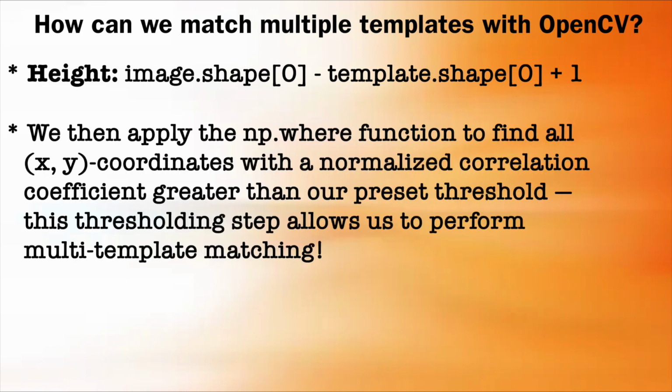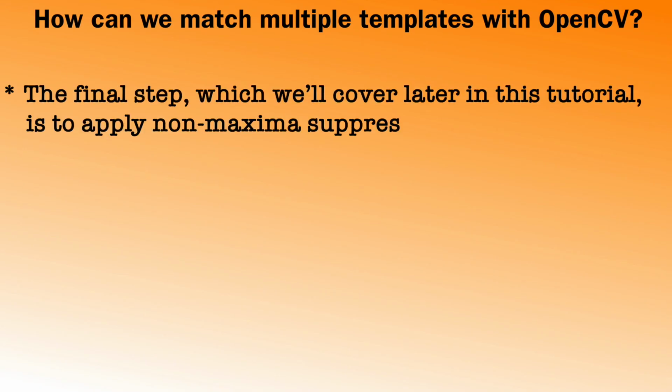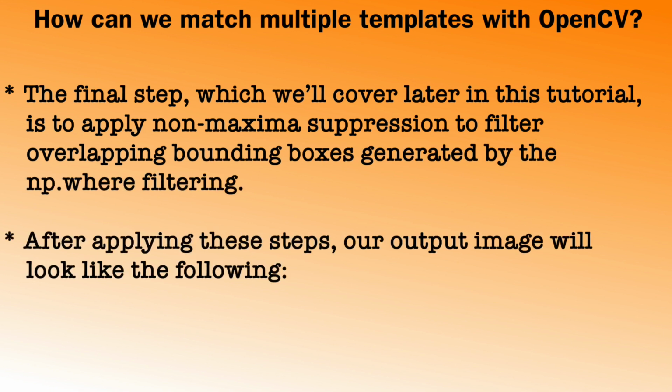We then apply the np.where function to find all x, y coordinates with a normalized correlation coefficient greater than our preset threshold. This threshold step allows us to perform multi-template matching. The final step, which we will cover in this chapter, is to apply non-maximum suppression to filter overlapping bounding boxes generated by the np.where filtering. After applying this step, our output image will look like the following.